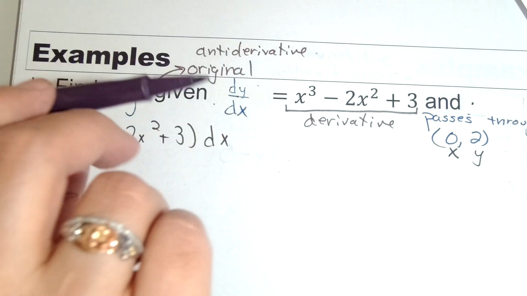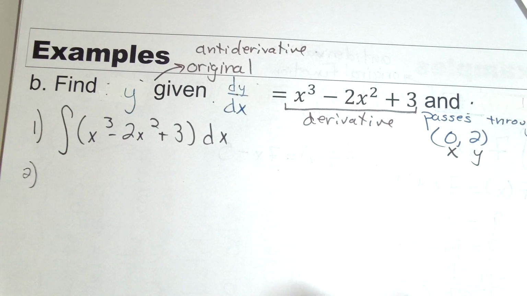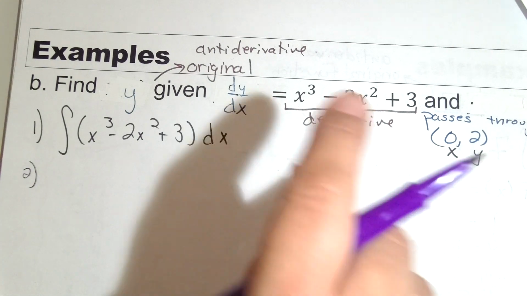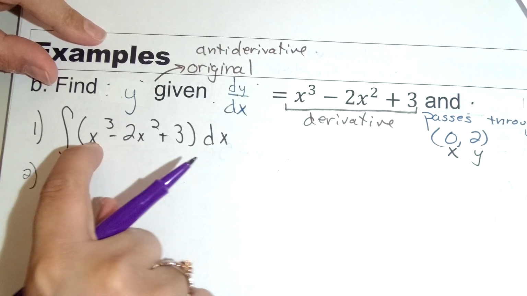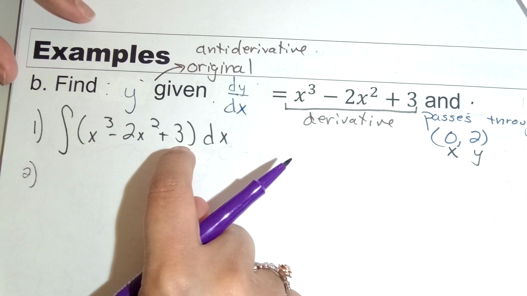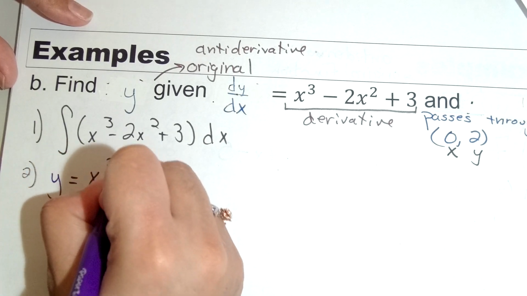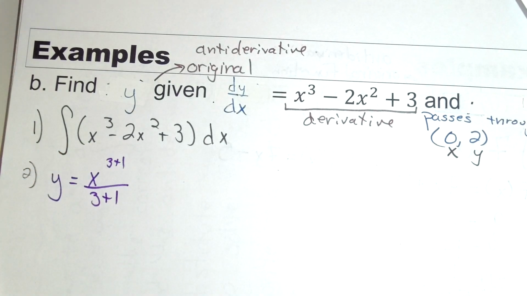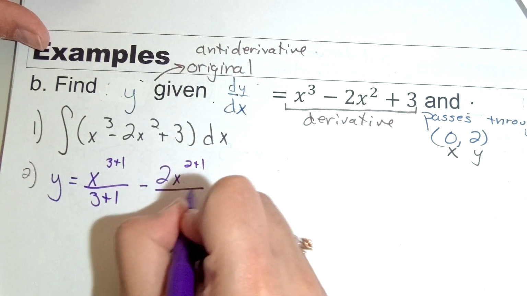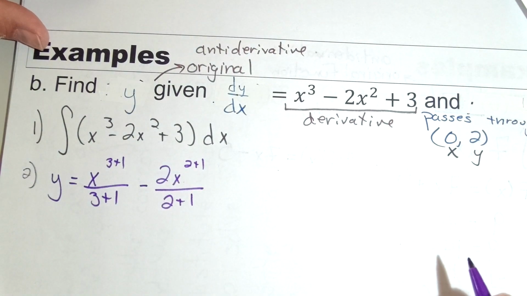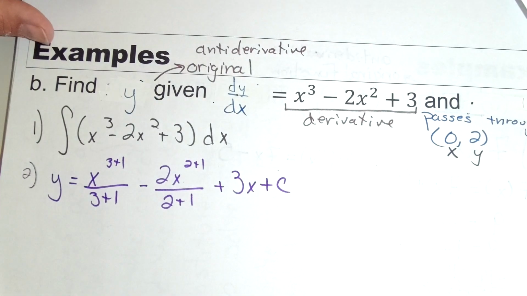So make sure you're using parentheses. I'm going to use the power rule and the constant rule. I have polynomial terms here, and I have a constant here. y equals x to the 3 plus 1 over 3 plus 1. I'm just using the power rule. 2x to the 2 plus 1 over 2 plus 1, plus 3x plus c. Any questions so far?